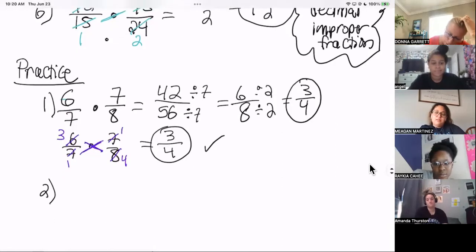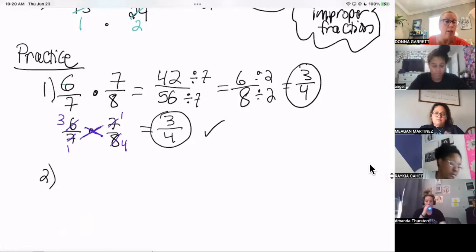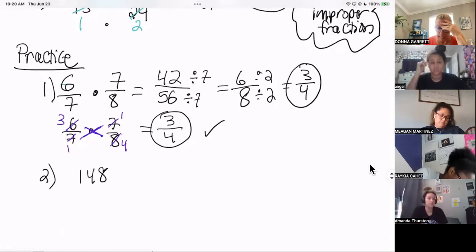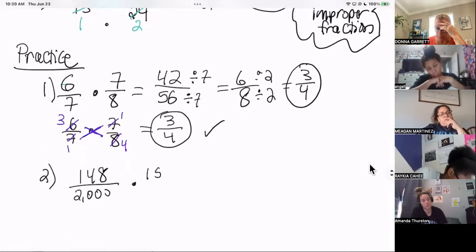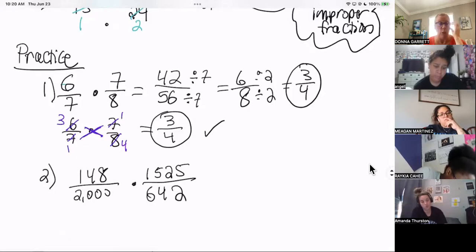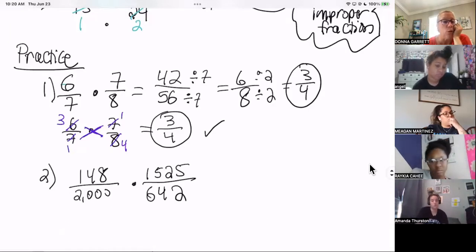I'm not going to actually do this problem, but I'm going to show you why cross simplifying is really important. Let's say I have 148 over 2000 times 1525 over 642. Do you really want to multiply that across and simplify? I mean, I'm going to extreme.